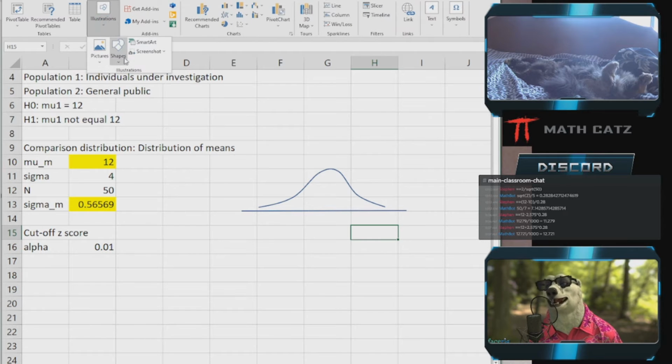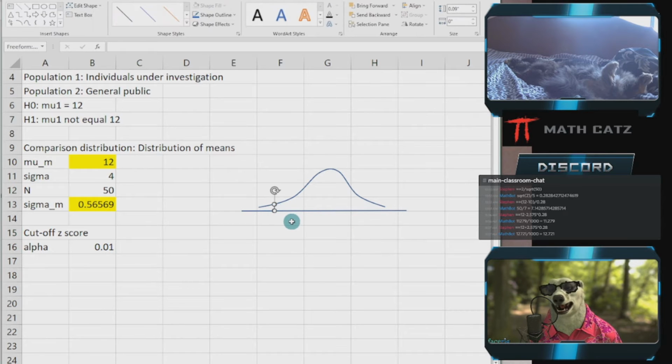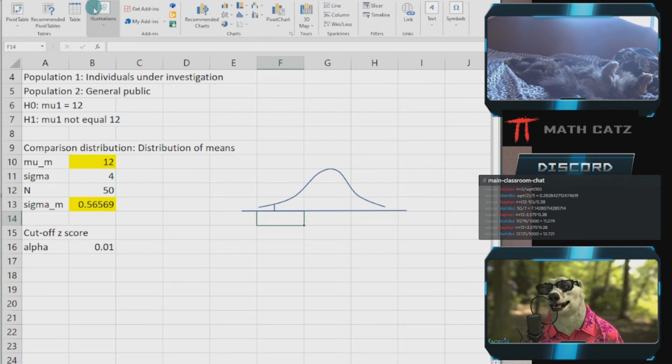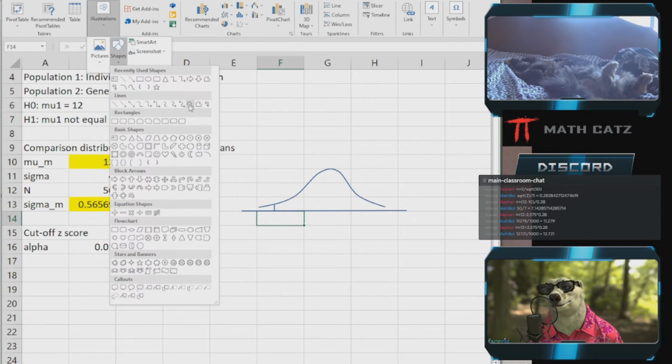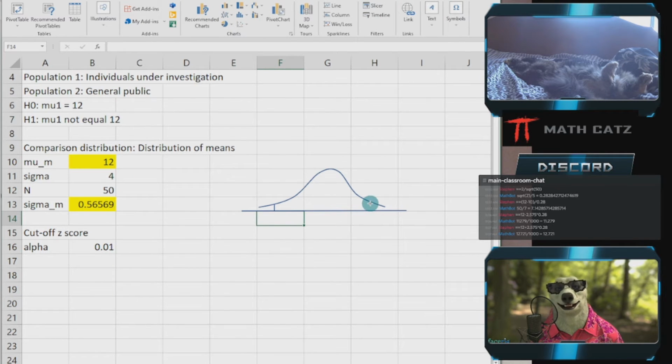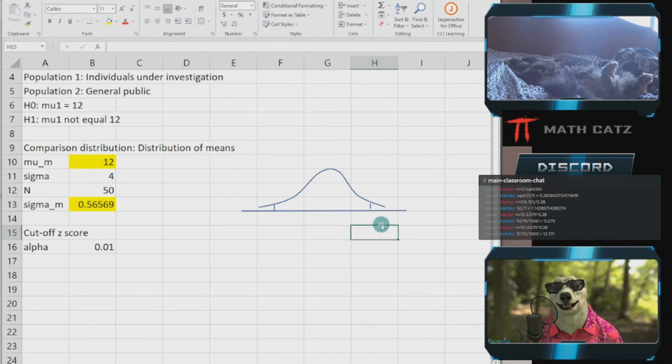So if I split it up, let's say there, symmetrically on both sides, and same on the other side, then I want this little piece here to be half of alpha.